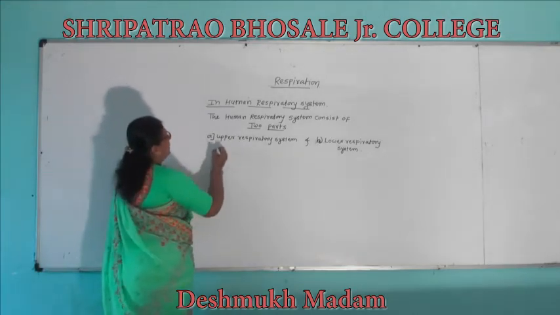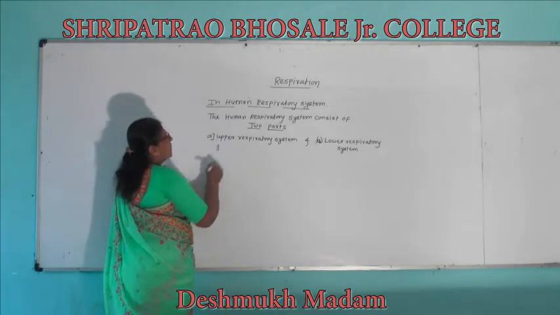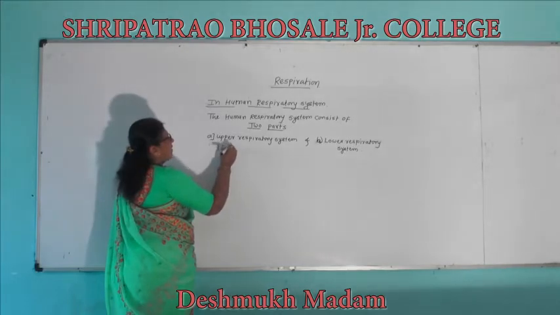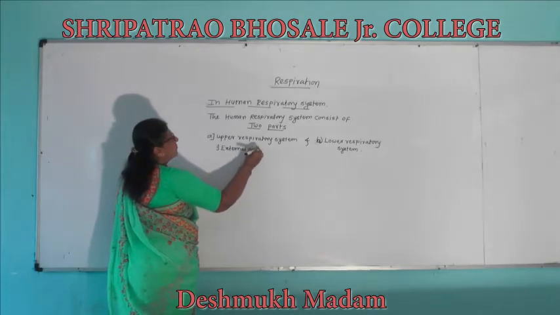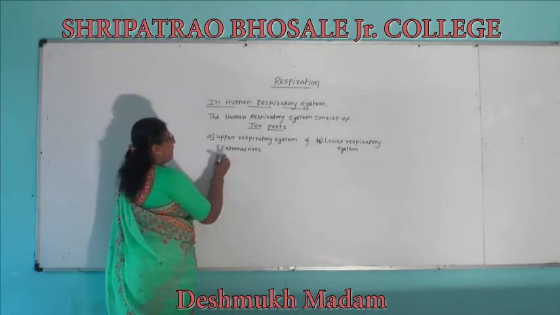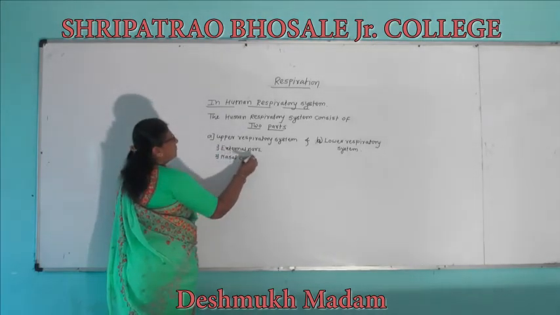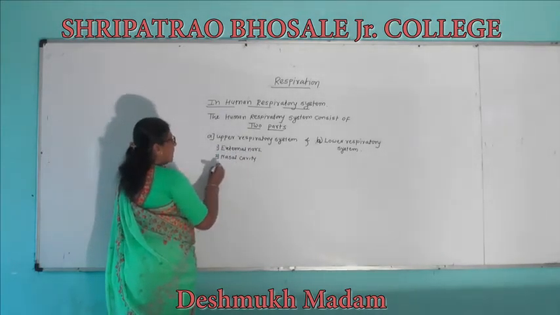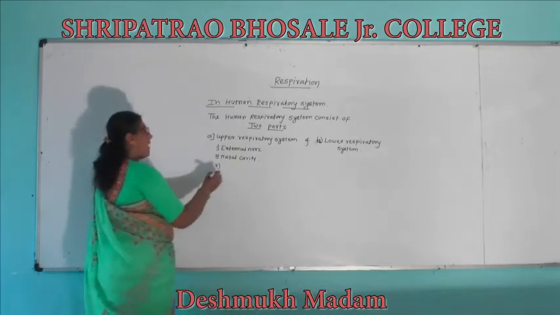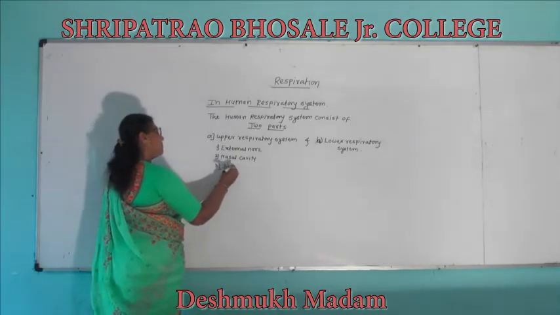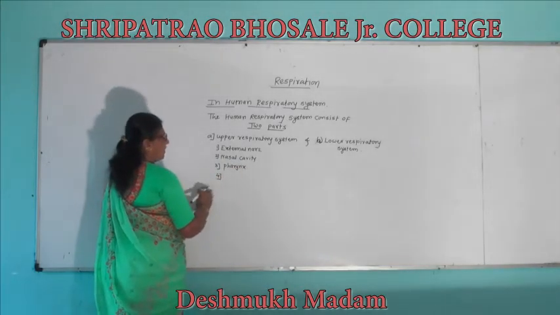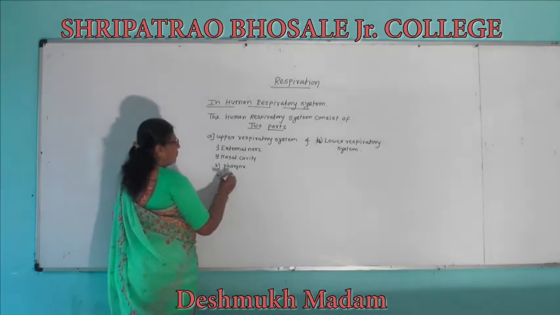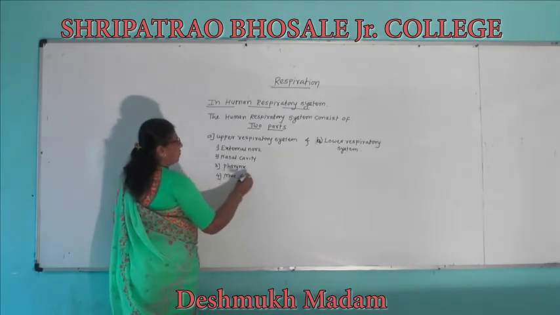The upper respiratory system consists of the following parts. First is the external nares. Second is the nasal cavity. Third is the pharynx. Fourth is the nose and throat.